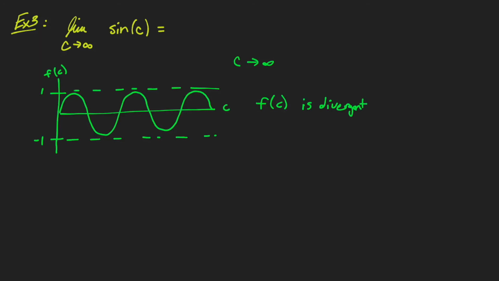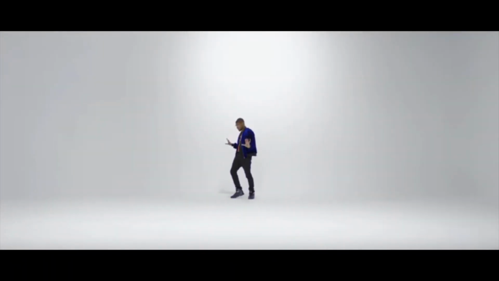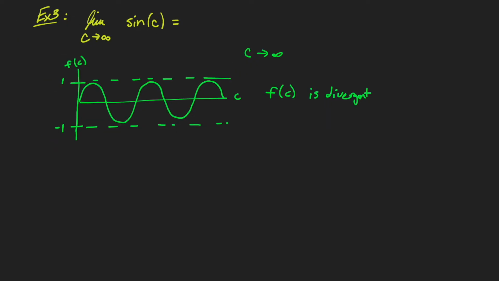We have this idea of convergent and divergent, and what divergent means is no limit. Yes, you are correct. Divergent means no limit.